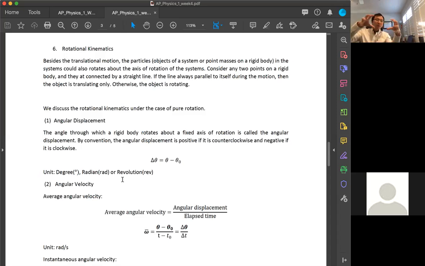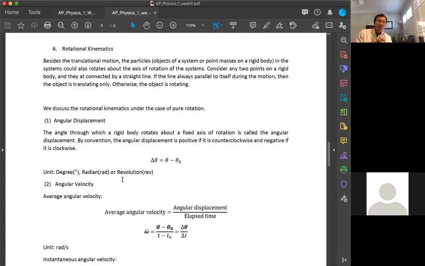Like this object, just like a wheel of the car. The wheel rotates about the central axis, so every point has the same angular velocity about this axis, right? And the wheel itself, like the car, is moving translationally, right?